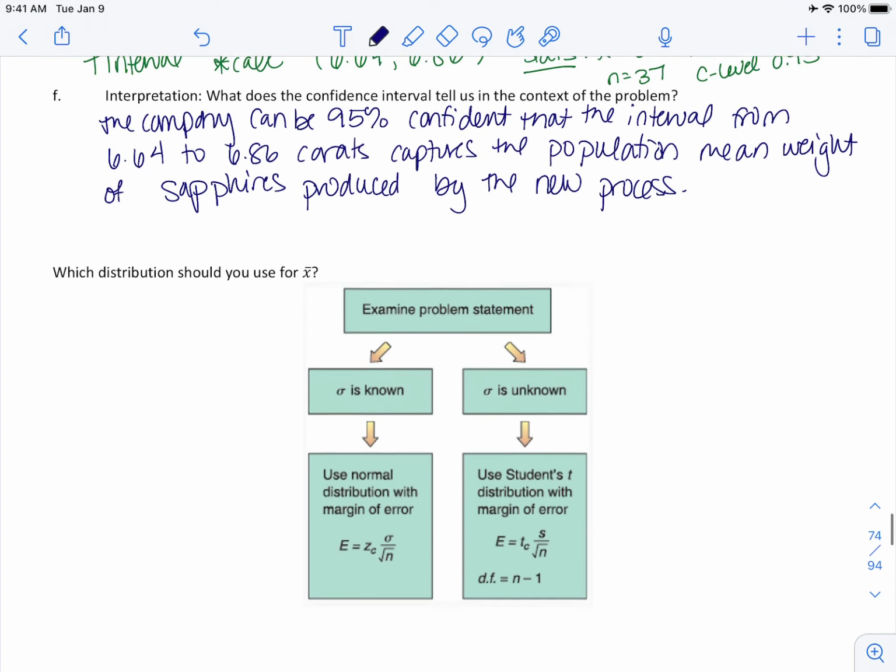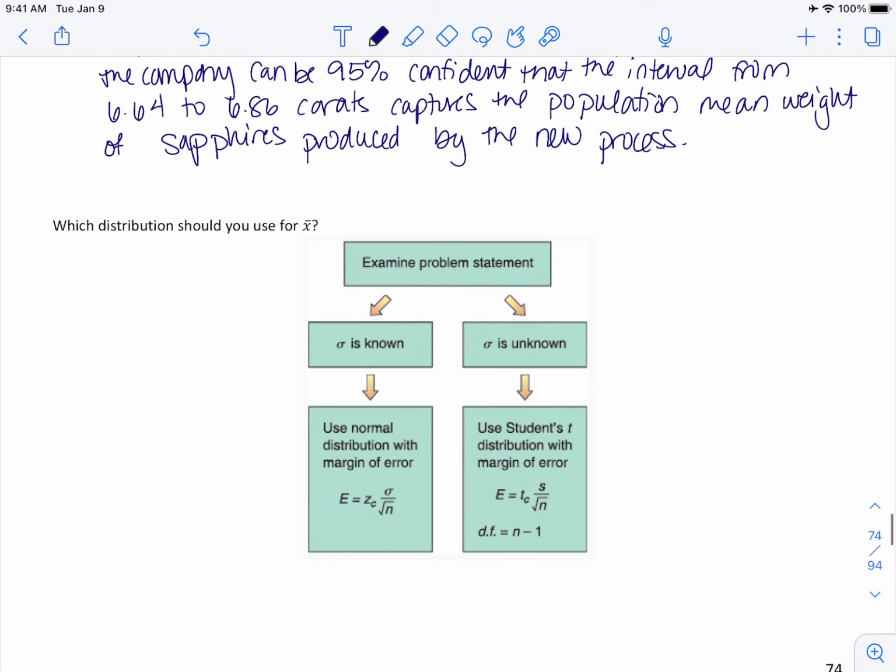All right, and so last here, it just says, what distribution should you use for x bar? So you have to look at the problem statement. In the last section, we did when our sigma is known. When sigma is known, we're going to use the normal distribution with the margin of error z c times sigma divided by square root of n, and this is our Z interval.